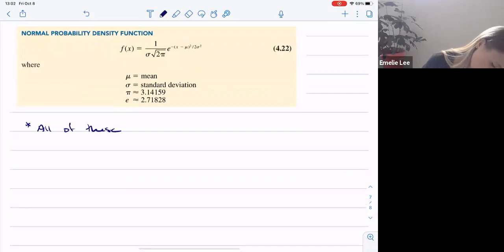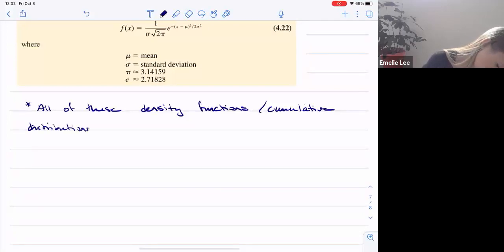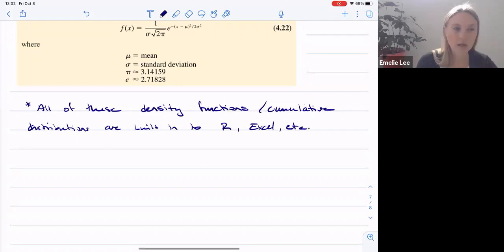All of these density functions and cumulative distribution functions are built into R, Excel, etc. Wherever we might want to use them, we can just have them available through R or Excel or whatever. Online calculators, what have you.